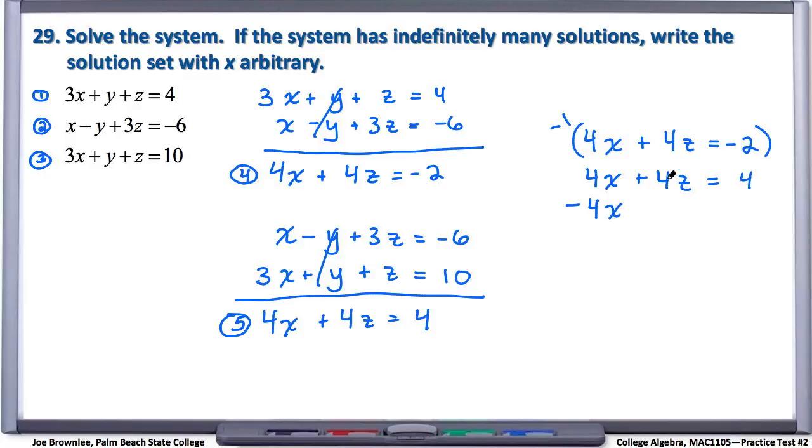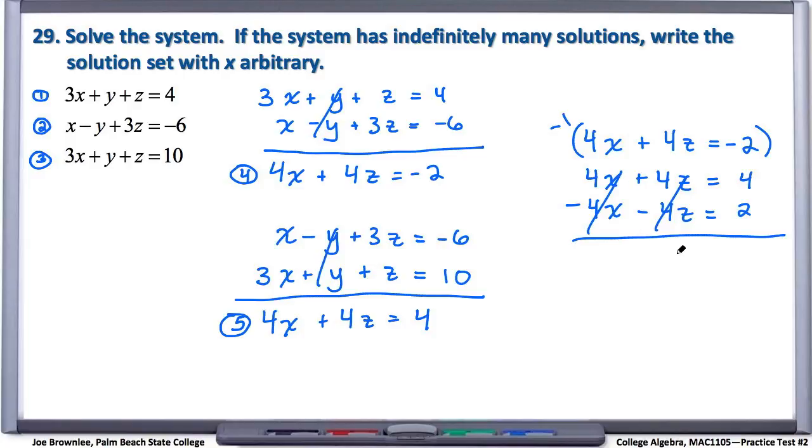Negative 1 times positive 4z is -4z. Negative 1 times negative 2 gives us negative 8. Or excuse me, gives us positive 8, doesn't it? Oh, I'm looking at the wrong one. Negative 1 times negative 2 gives us positive 2. All right, there we go. And now let's see what happens. So 4x minus 4x, that goes away. 4z minus 4z, that also goes away.